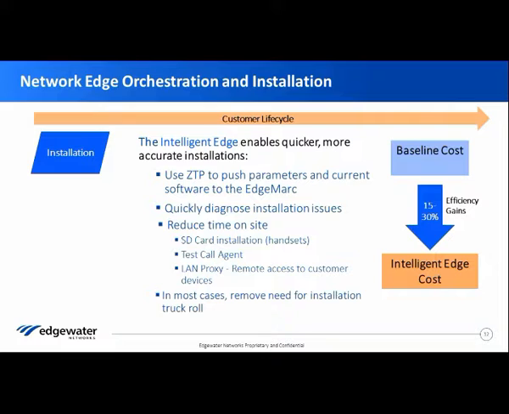So just having that device on site, that intelligent edge device, which is our Edgemark device, or an enterprise session border controller, really gives you that tool set on site. You can make test calls, you can look at the LAN, you can use the SD card for emergency handset installations if need be.